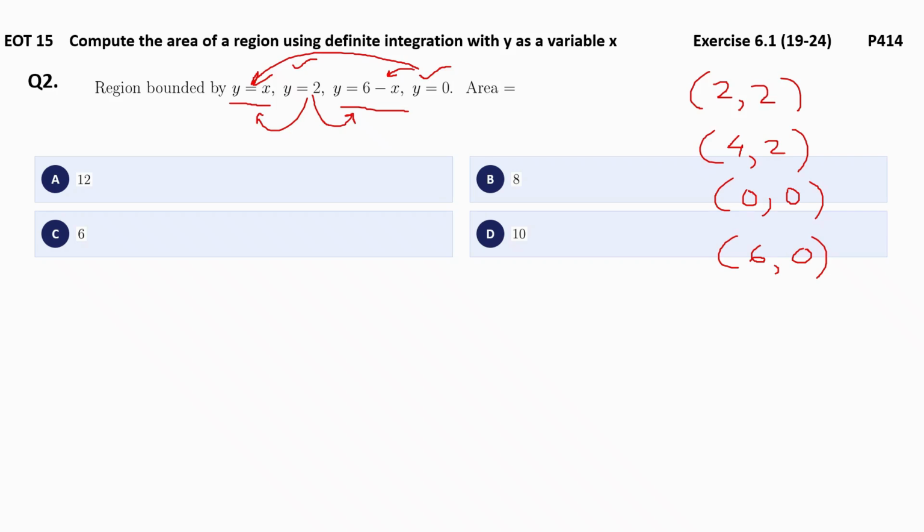Now let's try plotting the points. 0, 0 is of course the origin, and 2, 2, if you notice, suppose this is 2 value and this is 2, it will be over here, 2, 2. And your 4, 2, suppose this is 4, 2 is on the straight line, you get 4, 2.